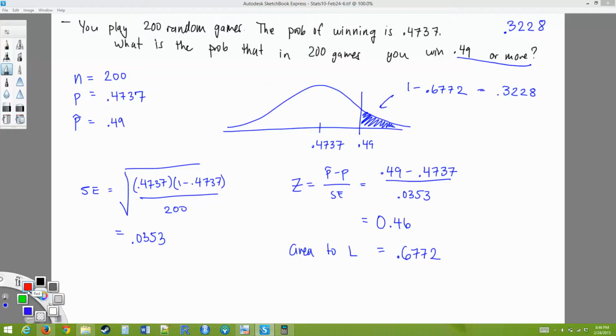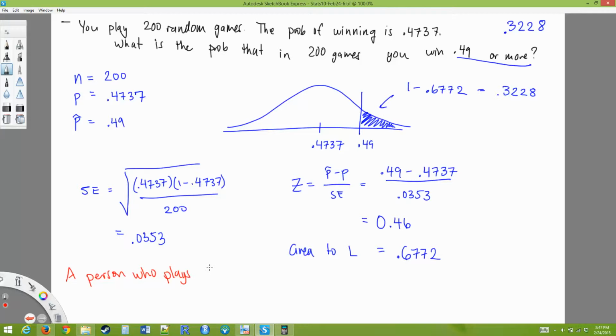Does this mean the person is innocent of cheating? No, it just means he didn't play enough to convince you that he's cheating, okay? So what this says is that a person who plays 200 games fairly will win 49% of the games about 32% of the time.